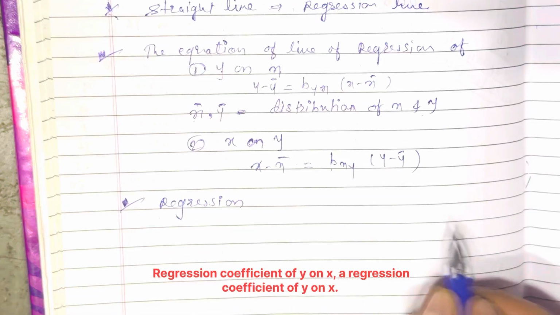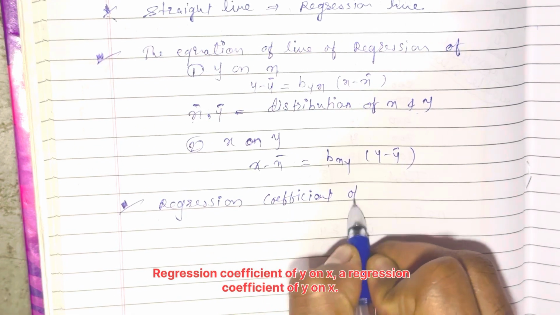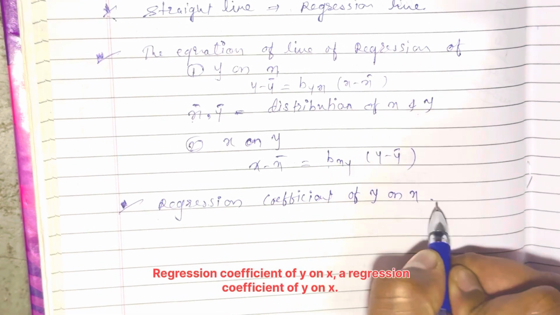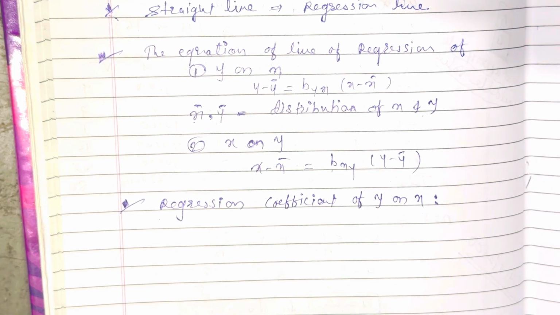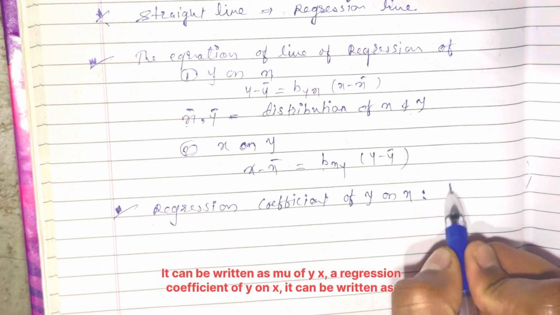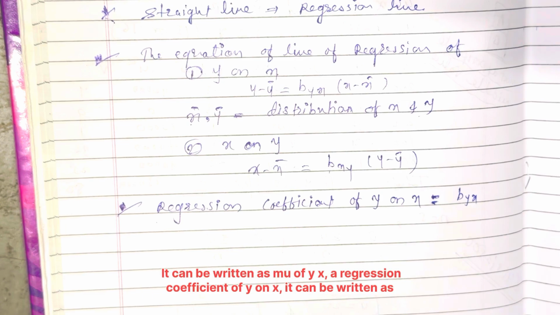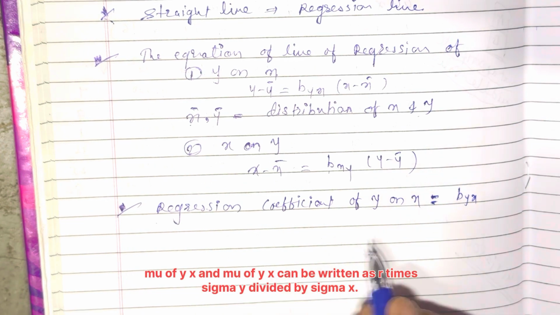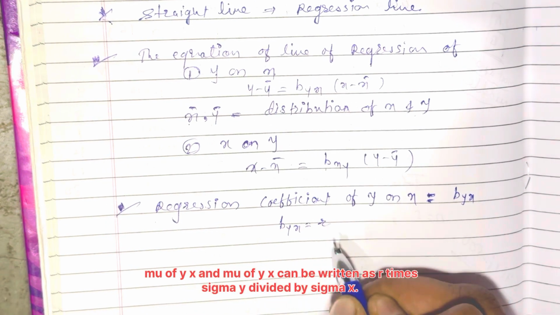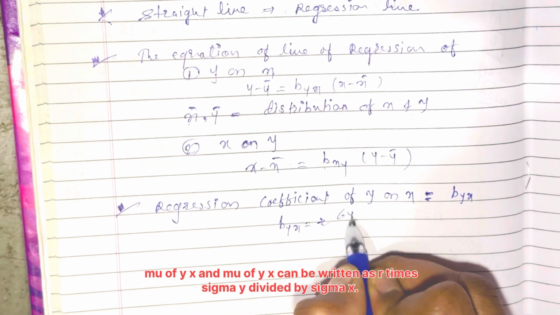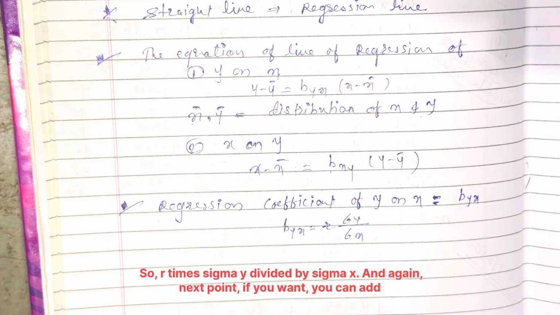Regression coefficient of y on x can be written as b of yx, and b of yx can be written as r times sigma y divided by sigma x.